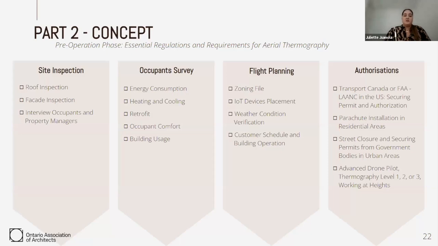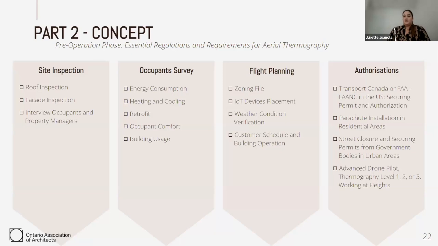The weather conditions also need to be forecasted prior to flying the drone, because you don't want too much wind outside, because you can break the drone and crash it. You don't want snow falling. You don't want rain falling. So it's really important to verify the weather conditions as well. And of course, you need to coordinate the operation with the building operation management.